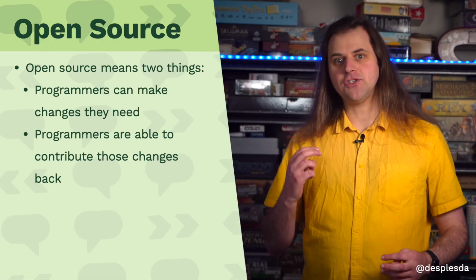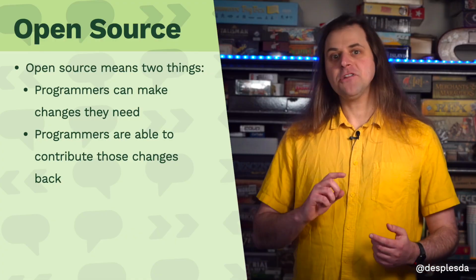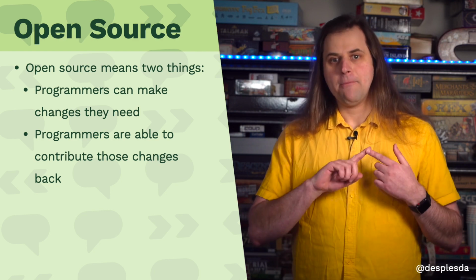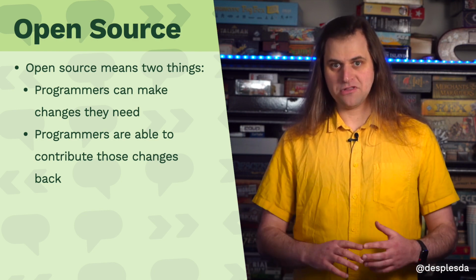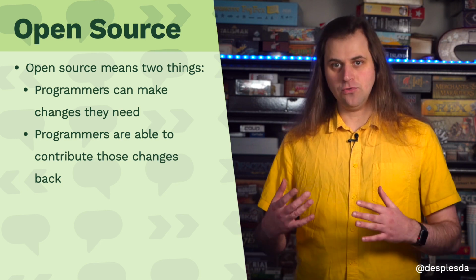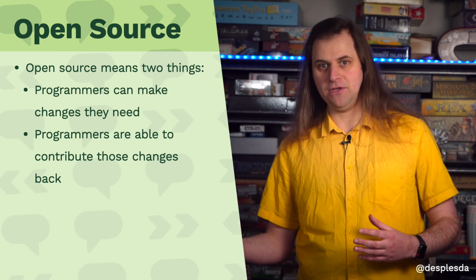Open source means that you are developing your code using a model that is designed around public distribution of the source code and public contribution of changes back into that same source code. This allows for two things. If the source code is public, then two things can happen. User programmers can make the changes that they need to that source code to make it support the use case that they have.